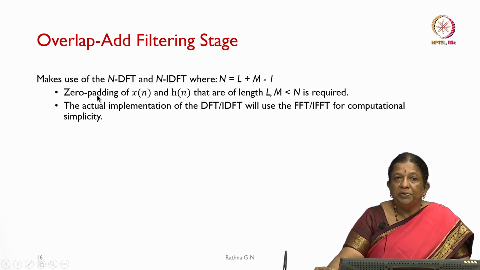Then we do the zero padding of x of n and h of n, so that M is less than N is required in this case. The actual implementation of the DFT and IDFT will use the fast Fourier transform and the inverse fast Fourier transform for computational simplicity.